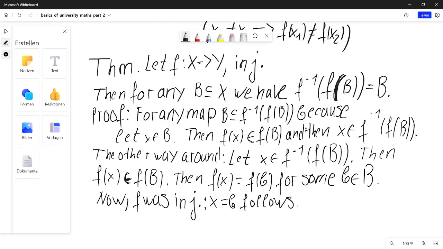We had f of x equal f of b, then x equal b follows, and hence, since that was some b in b, x is equal exactly to b, and hence x is an element of b, because we took this b in b. And that finishes it. So if it was too fast for you, just contemplate it, think about all definitions precisely, and you'll see that it works.